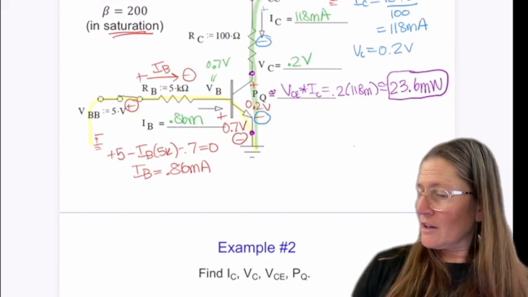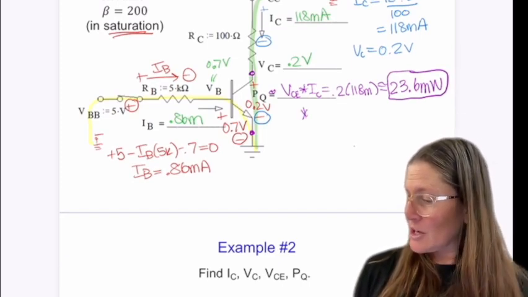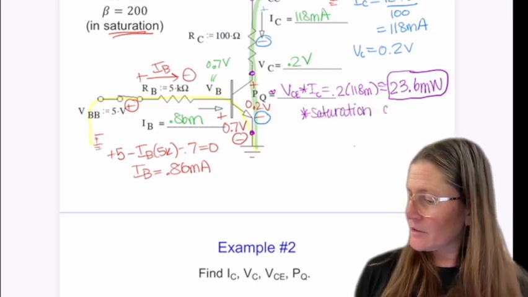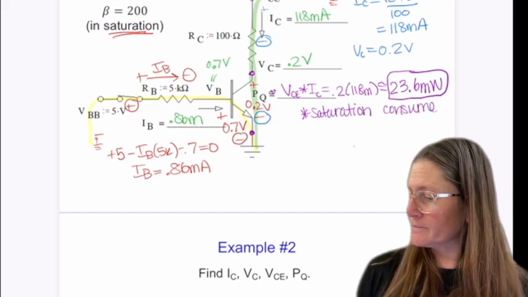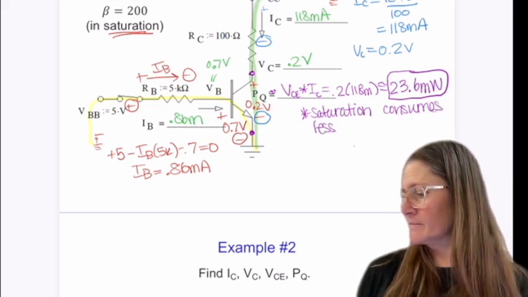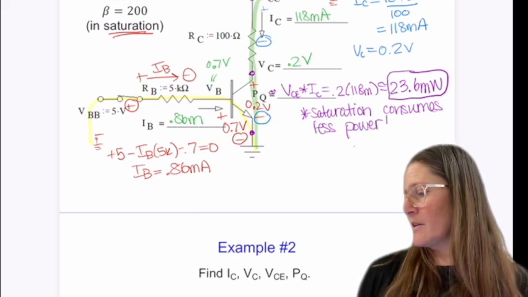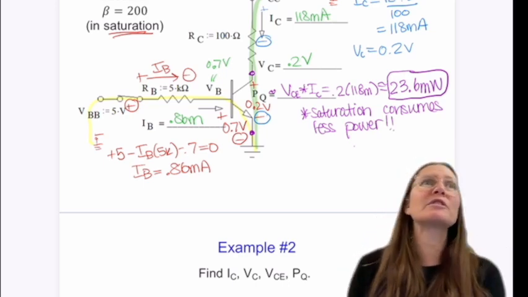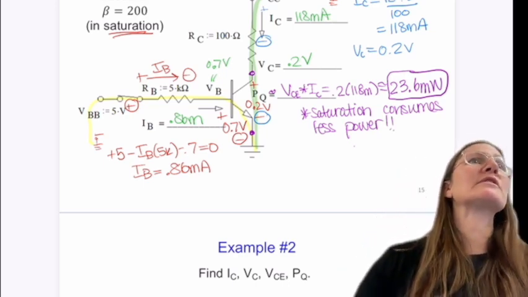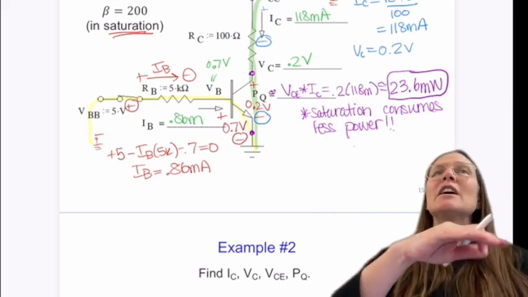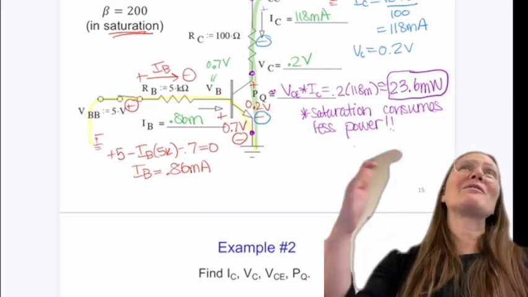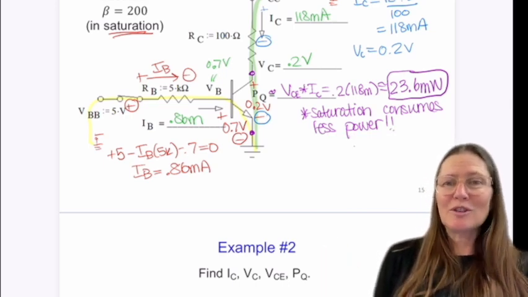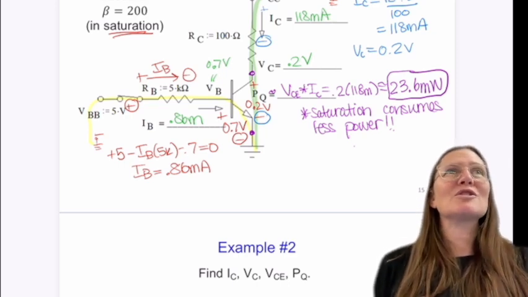The takeaway is that saturation consumes less power. As I said, for you guys just trying to turn motors on and off, this is a better way to make sure it's in the saturation region and you don't have as much power consumption. So if you can, try to use saturation mode.